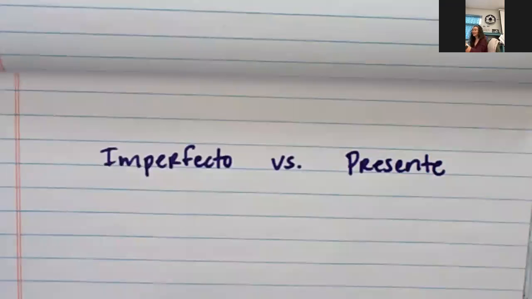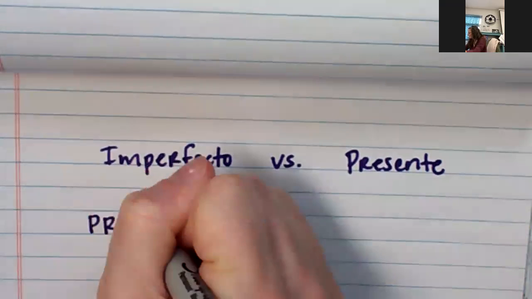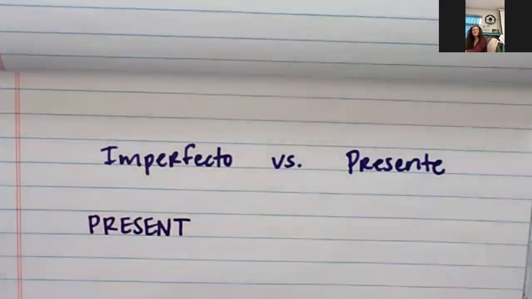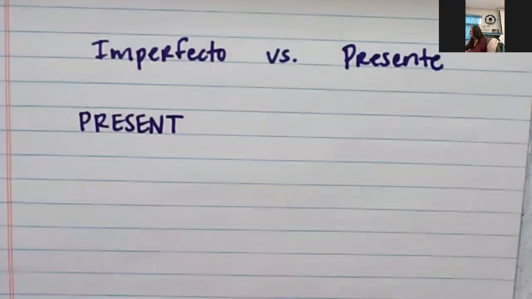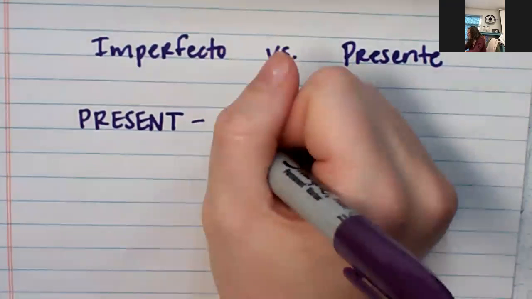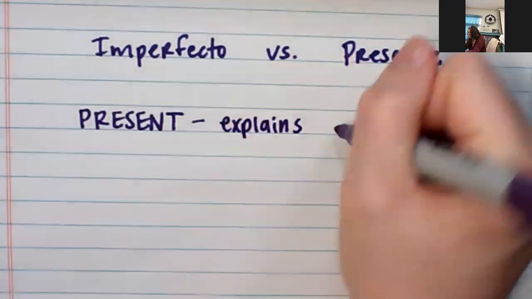So the imperfect versus the present. So let's start off with the present. Hopefully you guys understand what the present tense is in English. It just explains something currently happening.